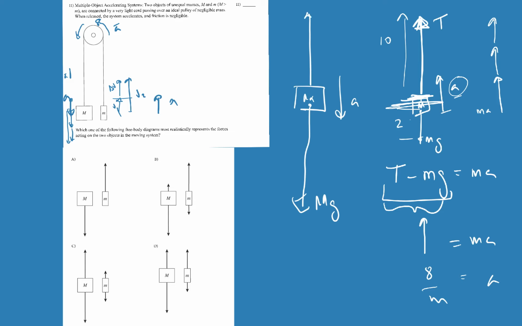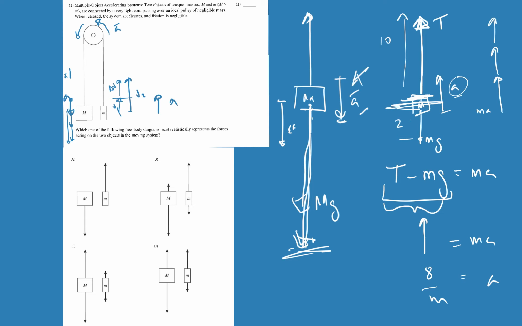But the weight mg will be bigger because we need more force in this direction to produce acceleration in this direction. The total force, the sum, will produce acceleration in this direction.